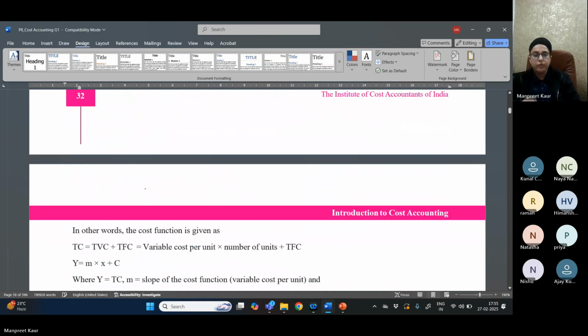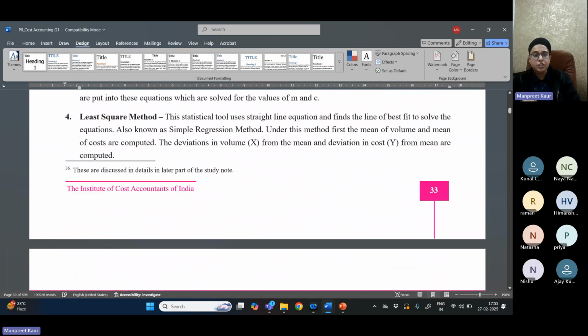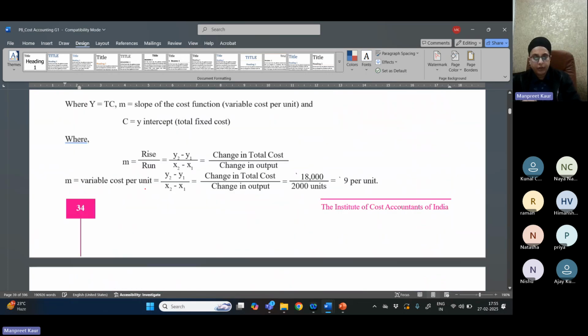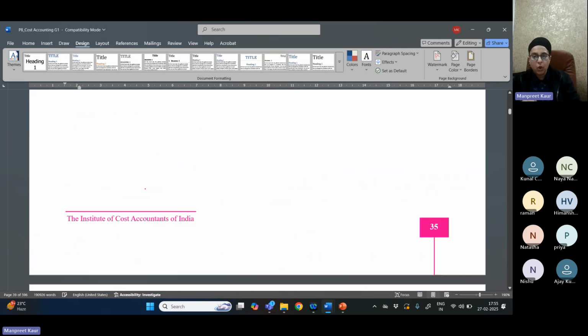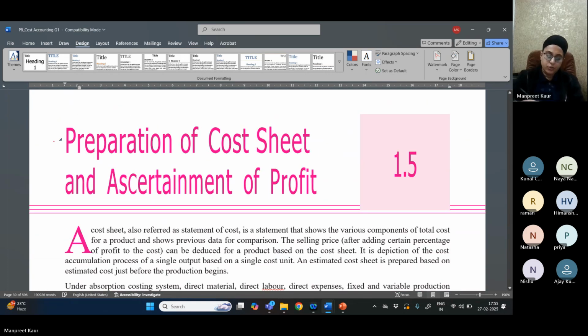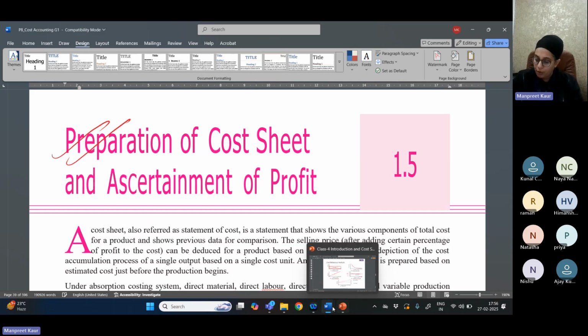Now we will discuss an important topic, that is the cost sheet. Next chapter is the preparation of cost sheet and ascertainment of profit.